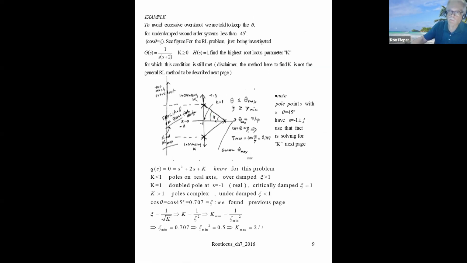Here's an example. To avoid excessive overshoot, we're told to keep the angle theta for the underdamped second order system less than 45 degrees.